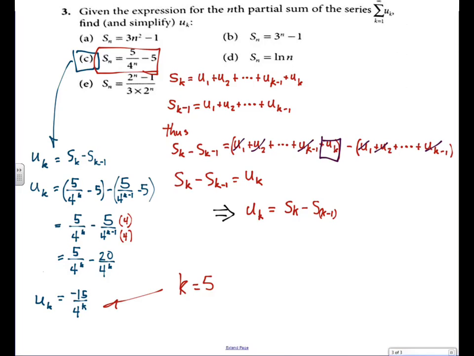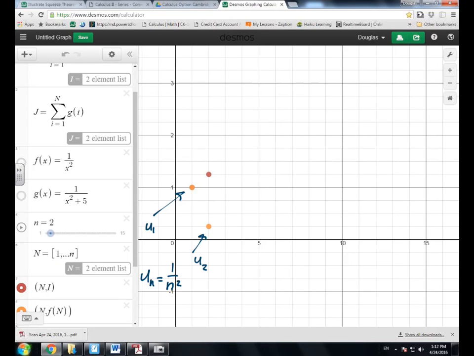Anyway, one thing else I want to remind you is the difference between series or sequence again and the partial sums of that series related to the sequence. So here, for example, we've got the orange and the red, where the orange represents the sequence that was given, and then the red represents the partial sums.